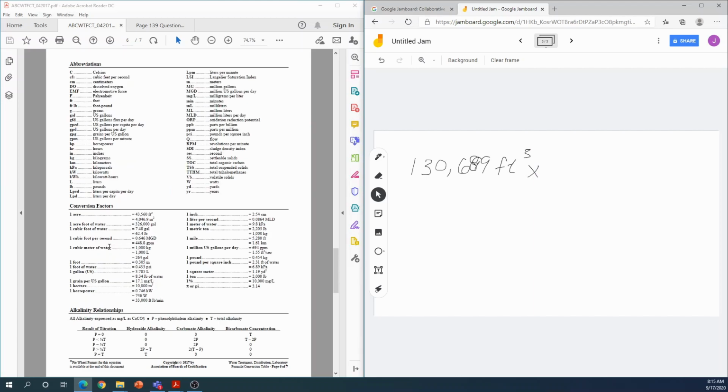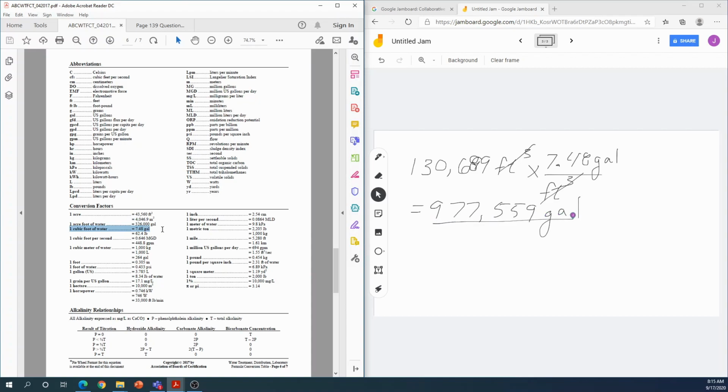Going back to our conversions, we know that 1 cubic foot of water is 7.48 gallons. Cubic feet cancel, and this is going to give us an answer of 977,559 gallons. So this is our usable storage that we have in our tank.